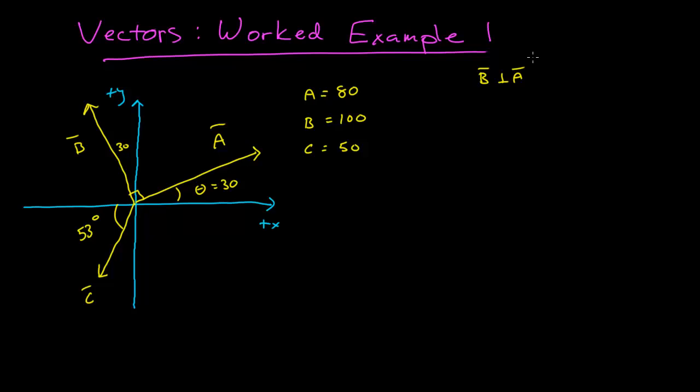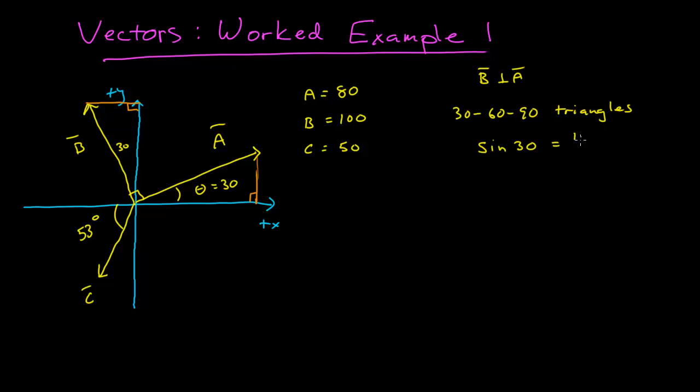The other thing I notice is that I've got a couple 30, 60, 90 triangles. That's useful information. Let me get a different color here. And so here's a 30, 60, 90, 30, 60, 90 triangles. 30, 60, 90 triangles are useful because I immediately know what the trig functions are.